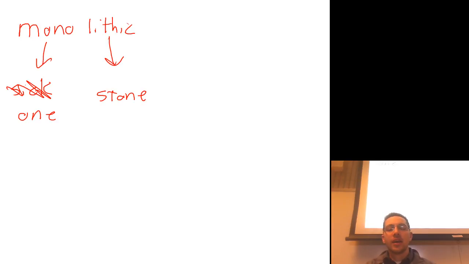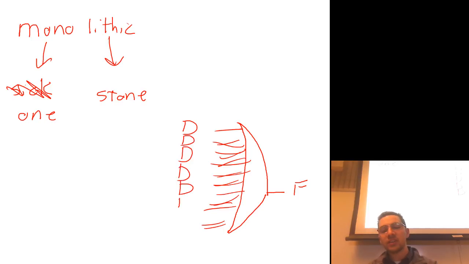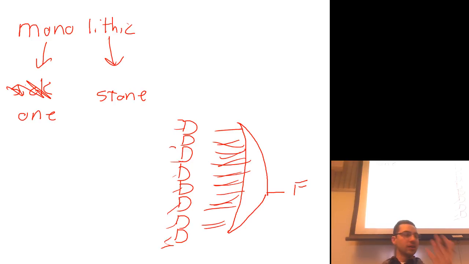So it's the idea that you're going to have a giant OR gate, F, and then umpteen AND gates. You can design any circuit in this fashion. So you could design a priority encoder this way.